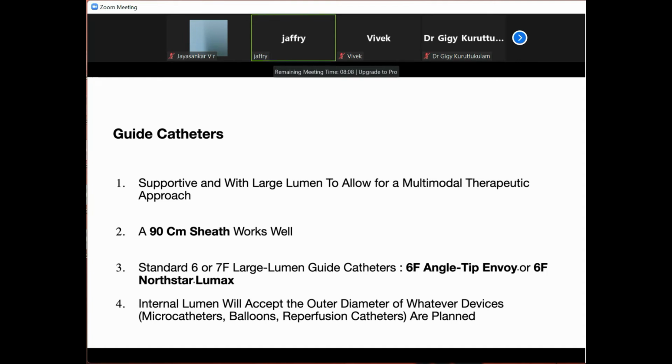We can mix two modalities together. For that, we need adequate room for the hardware to incorporate in the sheath. So most of the time, 90 centimeter sheaths work well.